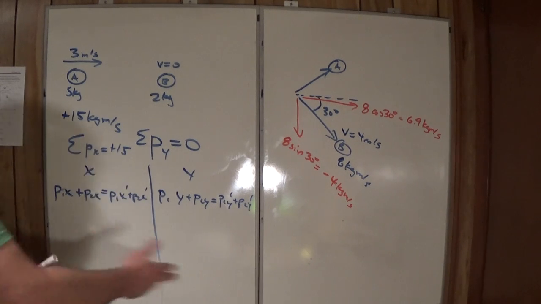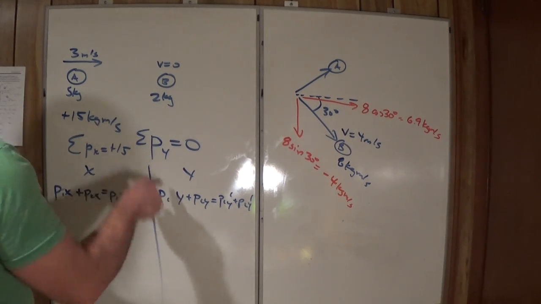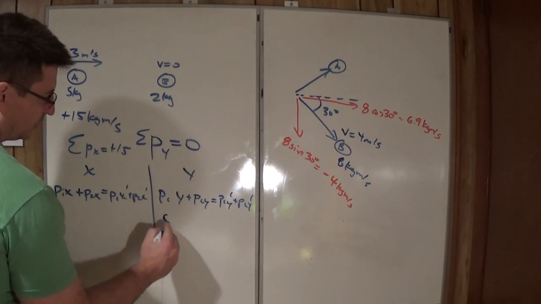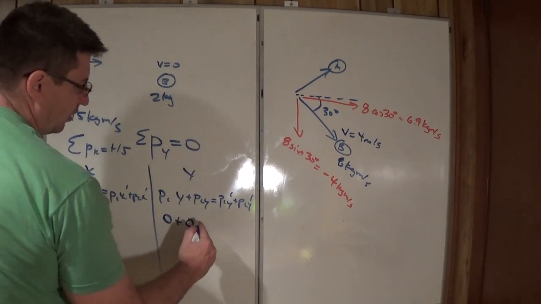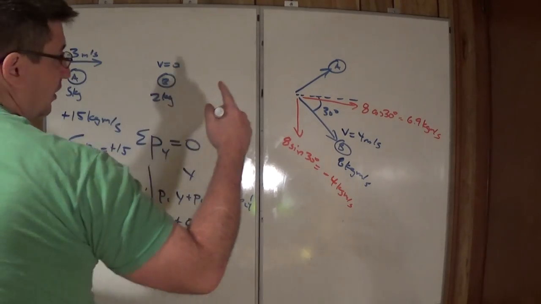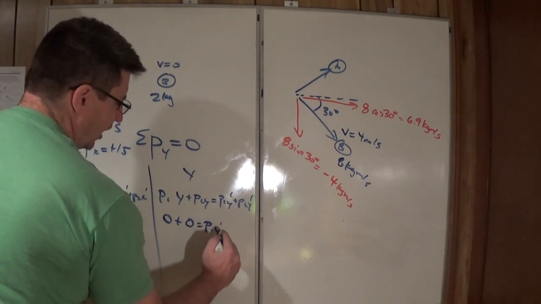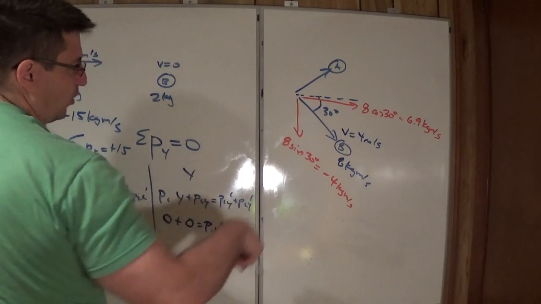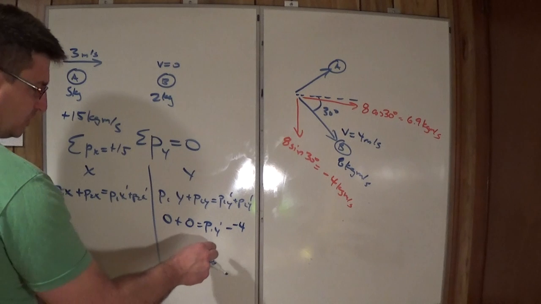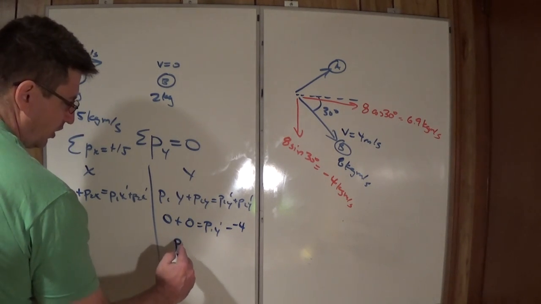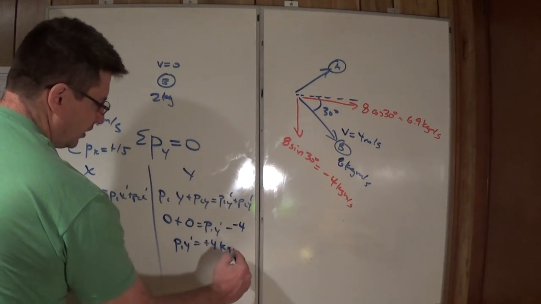So if we come back here and start filling this in, there's no y momentum for this object initially, and no y momentum for this object initially. So the momentum before in the y direction is 0, and that's equal to P1y prime minus 4 for object B after. So P1y prime is equal to plus 4 kilogram meter per second.